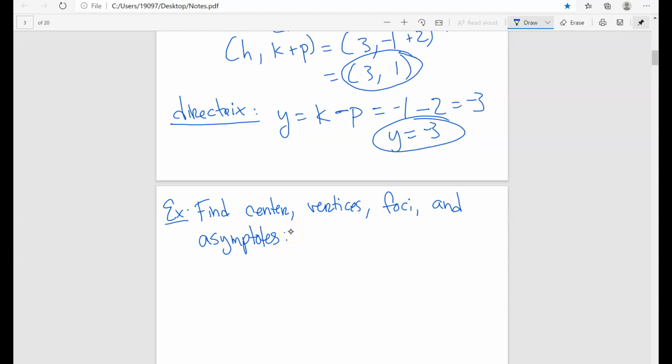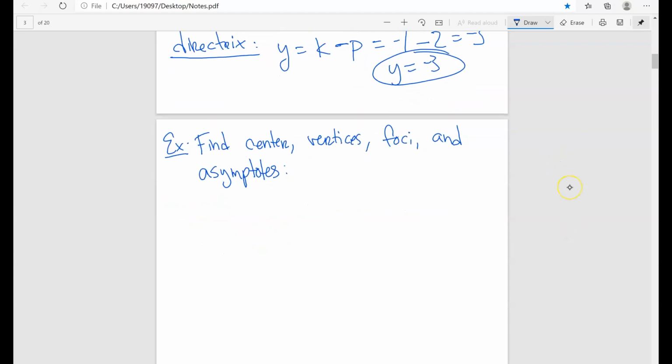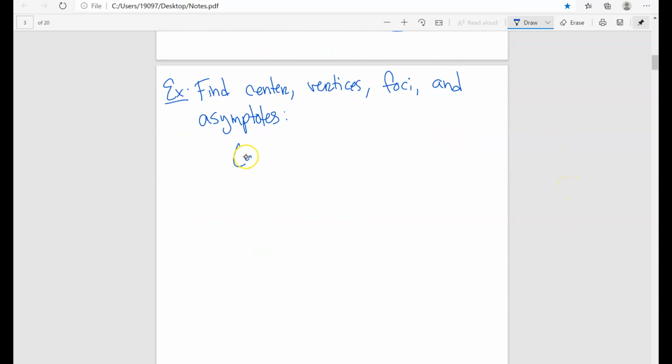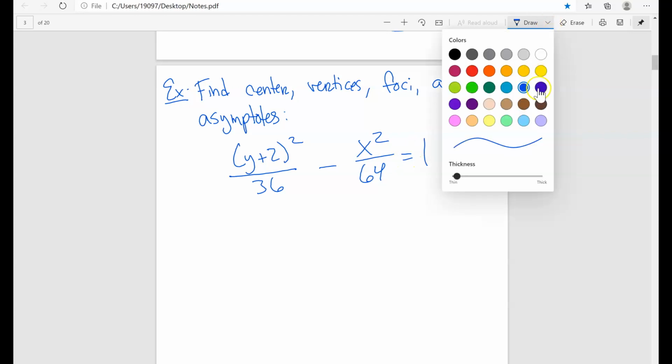Okay. So here is my problem. So my problem will be y plus 2 squared divided by 36 minus x squared over 64 equals 1. So you can see here that this guy is going to be a hyperbola.